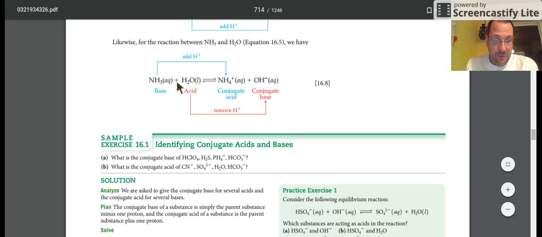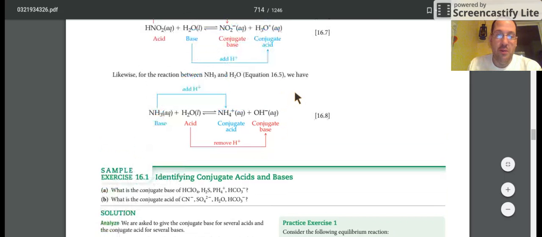And then water loses a proton and turns into the hydroxide ion. By losing a proton and turning into the hydroxide ion, it turns into a conjugate base. So this is your conjugate acid-base pair here, water with hydroxide.